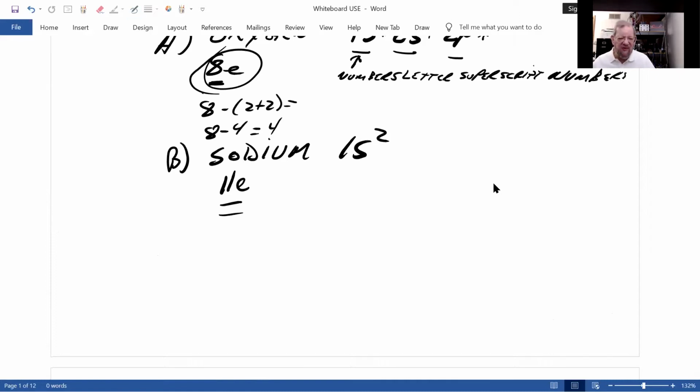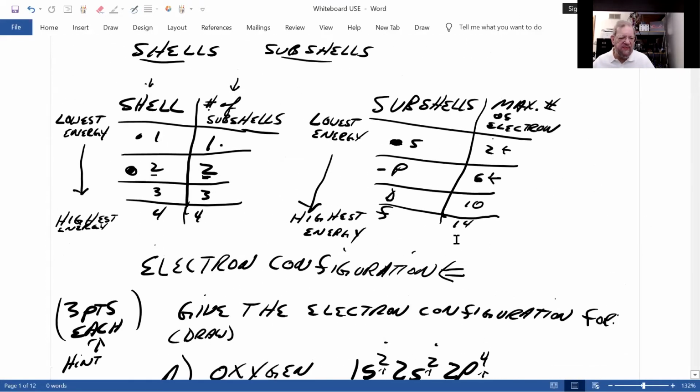So how many subshells does shell 1 have? 1, and we filled it up. So now we have to go to the next lowest energy shell, which is 2. How many subshells does that have? 2. What's the first subshell?